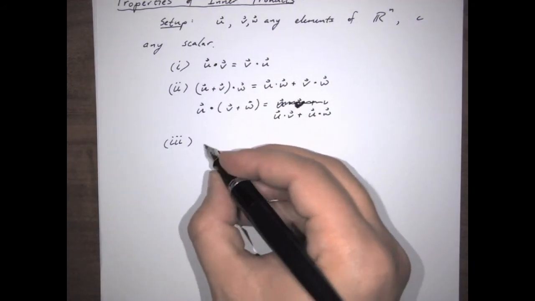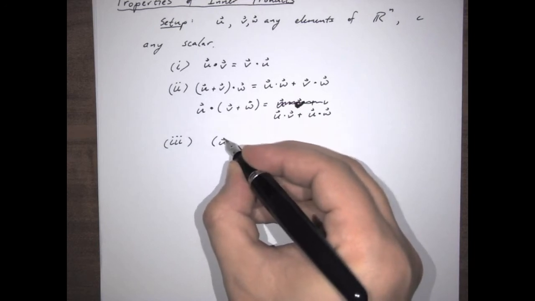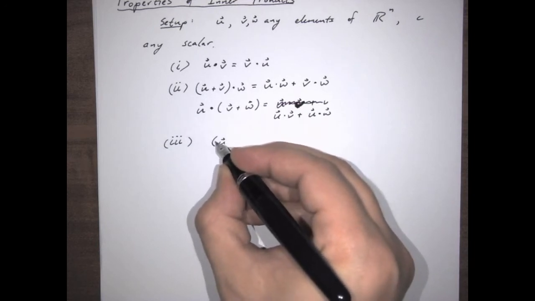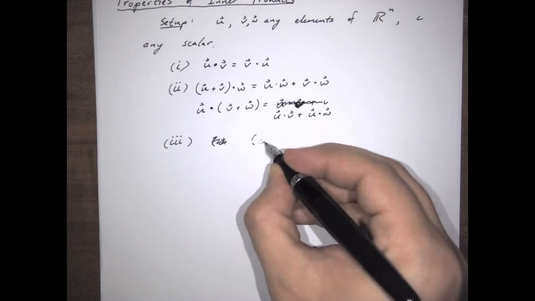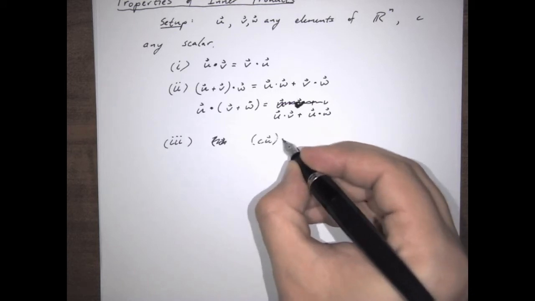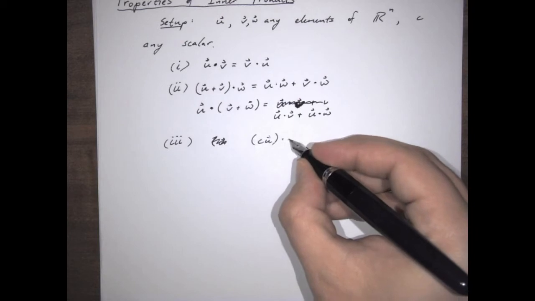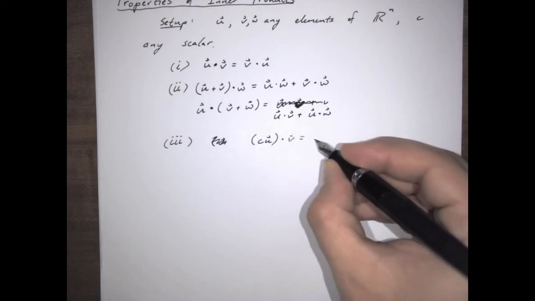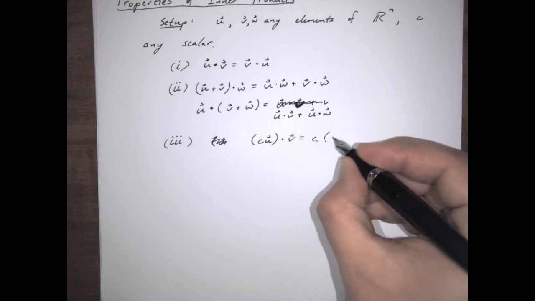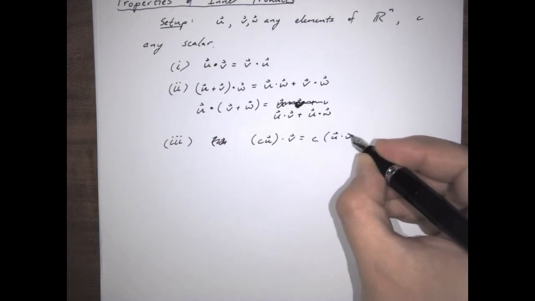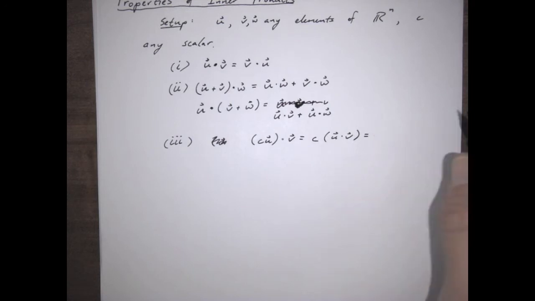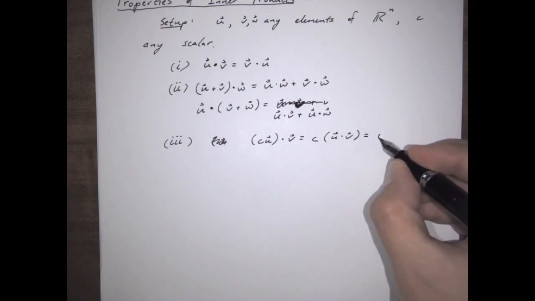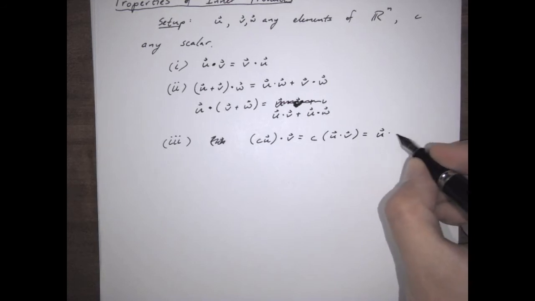Alright, and then let's see, if we have C U dot V, that's the same as C times U dot V, and that in turn is the same as U dot CV.